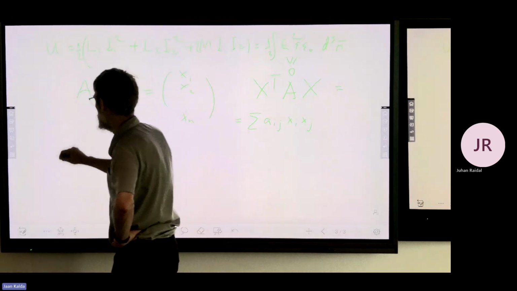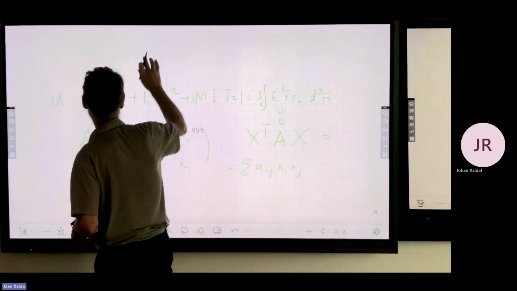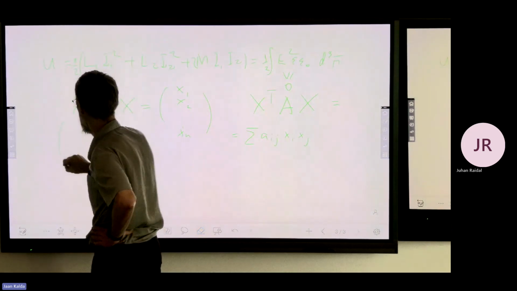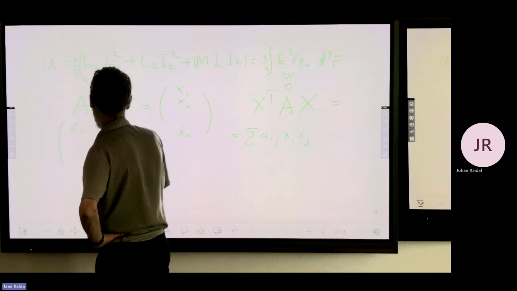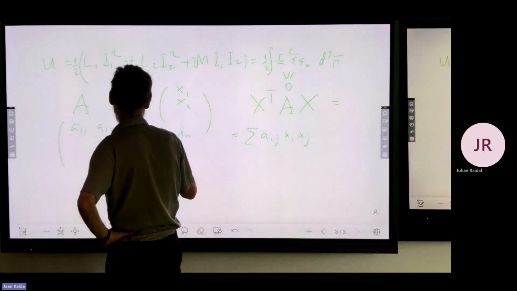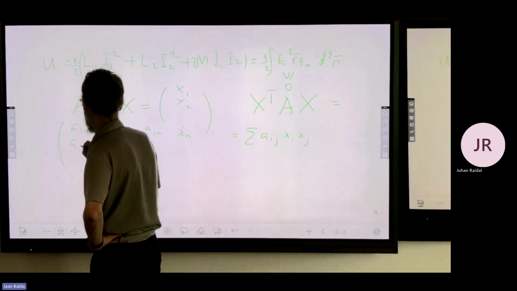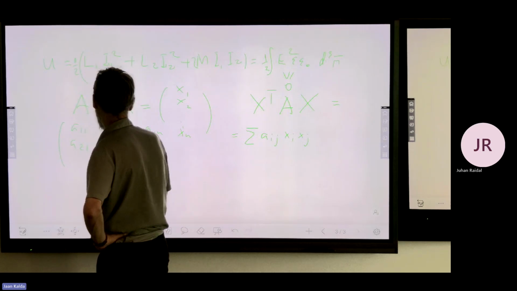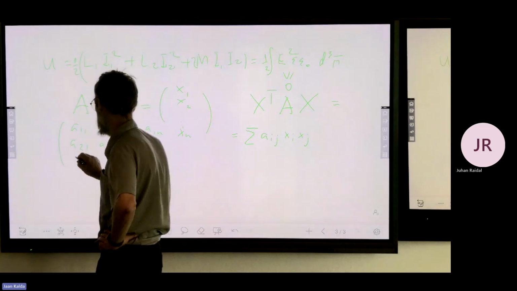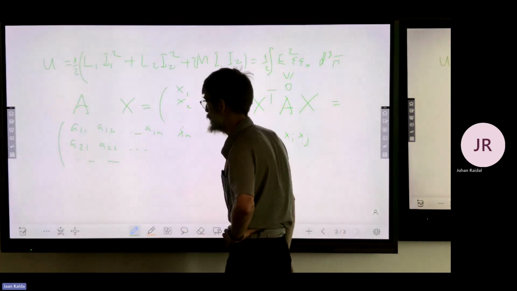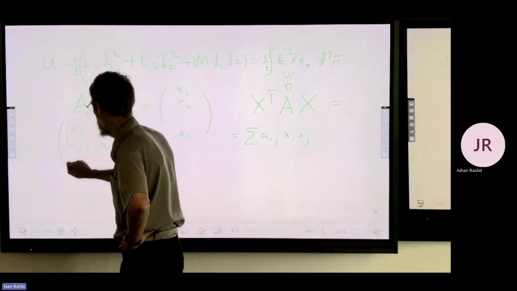Okay, so you have here, oh, sorry, you have a matrix A11, A12, and so on up to A1n, A21, A22, and so on. So you take now the determinant of the whole matrix.